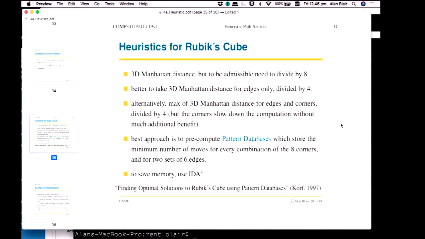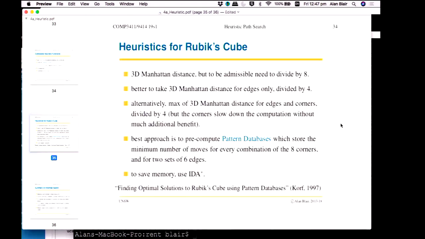Someone was asking at the break whether there's an equivalent of iterative deepening search for other searches. The answer is that there is something called iterative deepening uniform cost search, and there's iterative deepening A-star search.